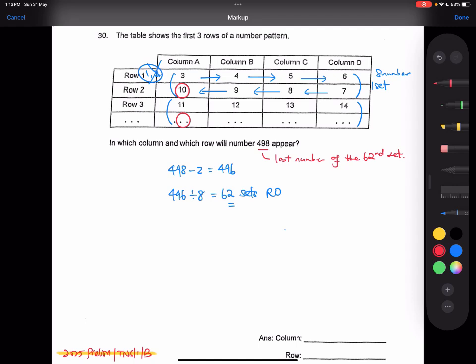And in which row will it be? Each set will take up 2 rows.